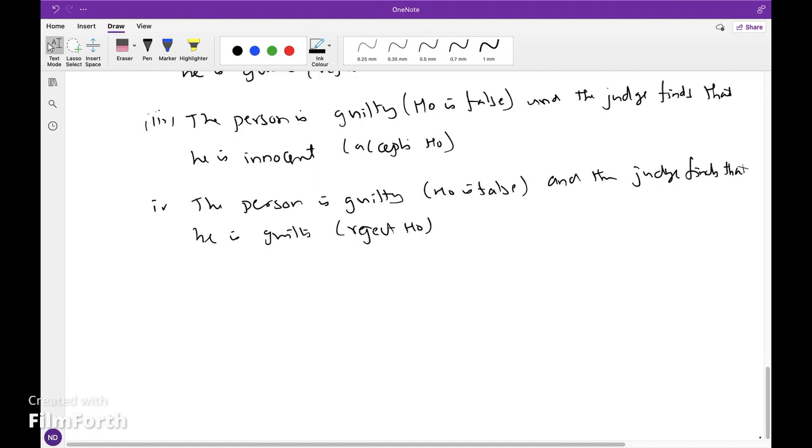In general form: accept the null hypothesis, reject the null hypothesis; H0 is true, H0 is false.